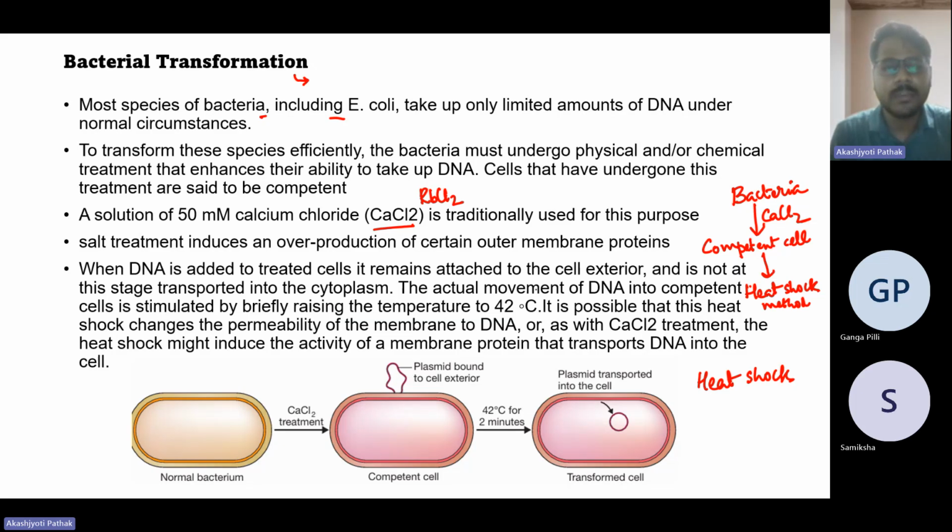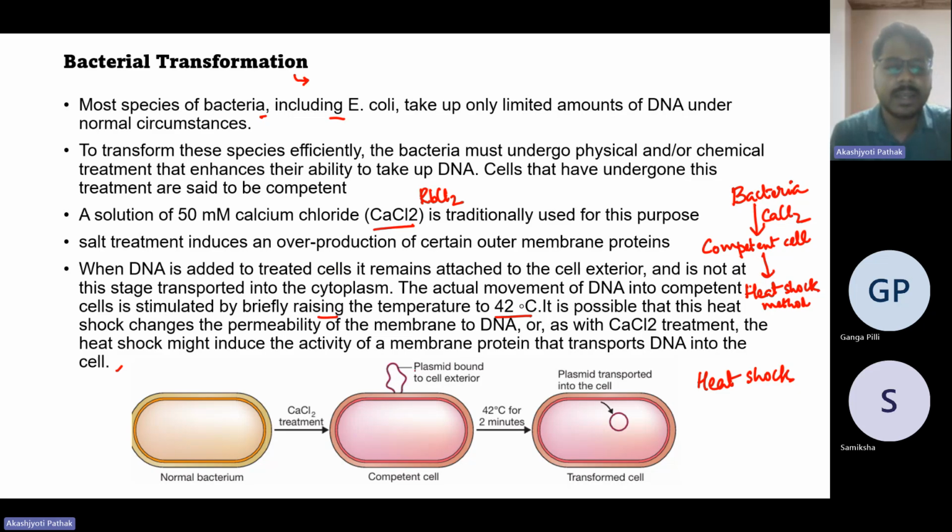The actual movement of the DNA into the competent cell is stimulated by briefly raising the temperature to 42 degrees Celsius. It is possible that this heat shock changes the permeability of the membrane to DNA, and as a result, it induces the activity of membrane proteins to transport the DNA into the cell. There are different explanations.